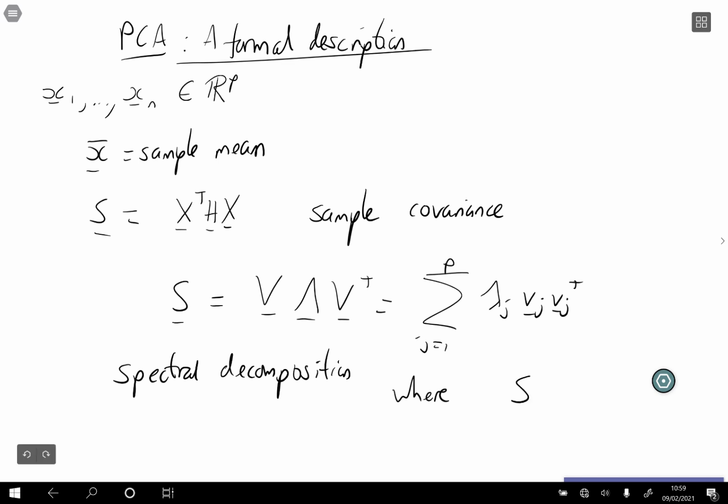So we've got S v_j equals lambda_j v_j. Okay. And capital Lambda is the diagonal matrix, lambda 1 down to lambda p, 0 is off diagonal.